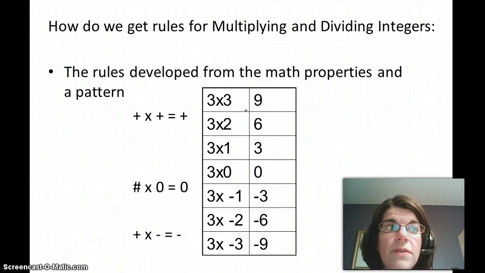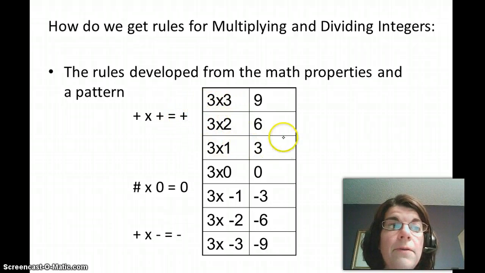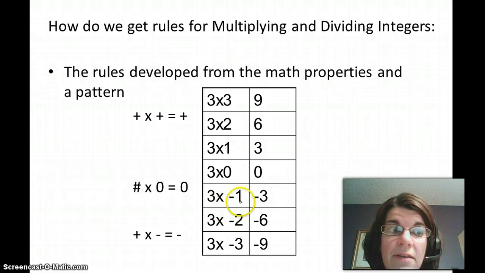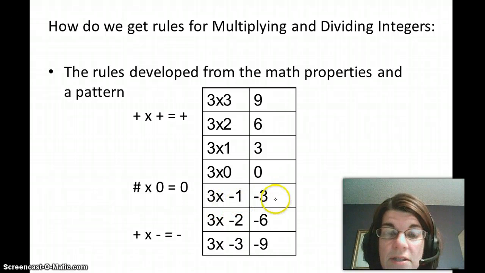So if we look at this chart, we can see that positive 3 times positive 3 gives you a positive 9. A positive times a positive is a positive result. So that works: 3 times 3, 3 times 2, 3 times 1. Now we have 3 times 0, which is 0. And then when we start multiplying with a negative, we end up with a negative answer.